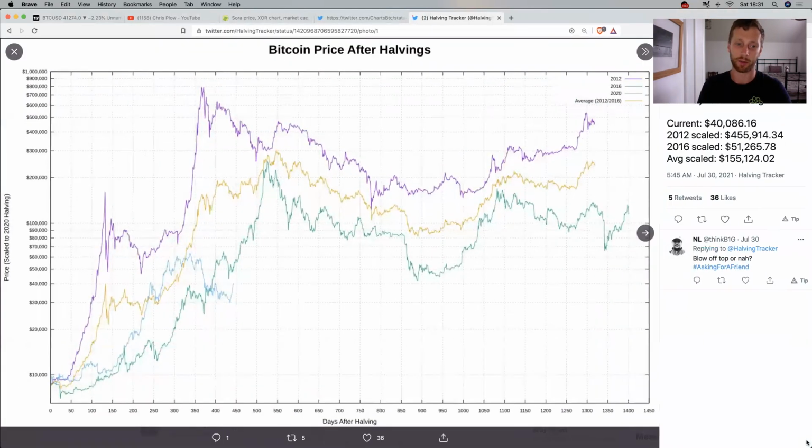Let's zoom in a little bit on the halving tracker, something that has served us very well up until now. And look at the bounce that we're having off of the shakeout low, and look at how that aligns with the bounce that we had in 2017.